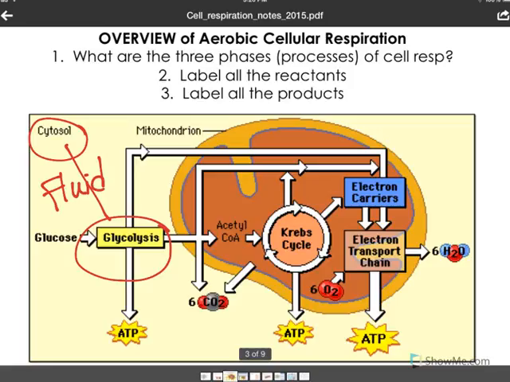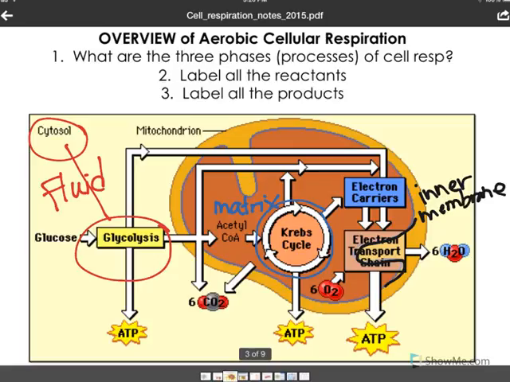Now the Krebs cycle is happening in the very inside of the mitochondria, and that's happening inside the matrix. The last part, the electron transport chain, is actually happening within the folds of the cristae. So that's actually happening within the inner membrane, or within the folds of the cristae.